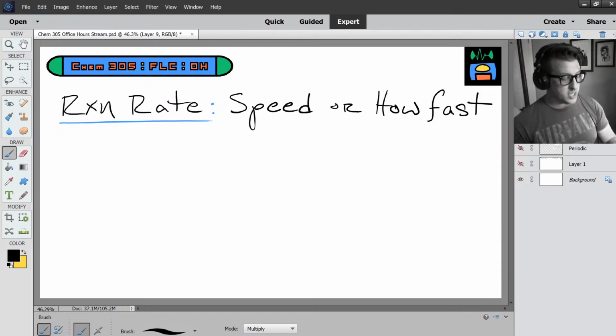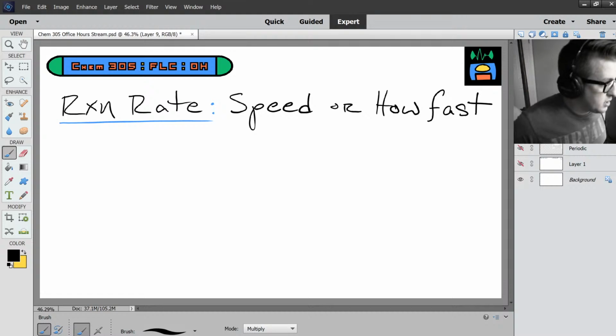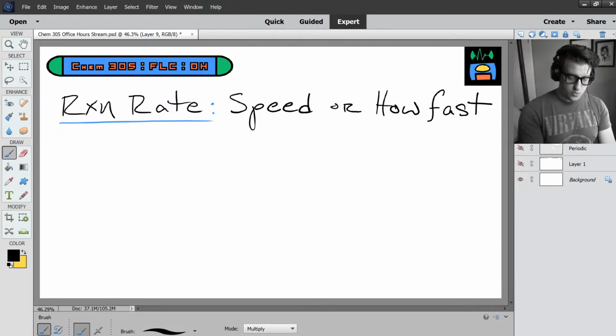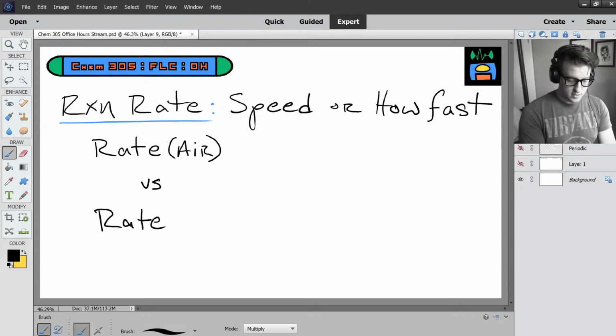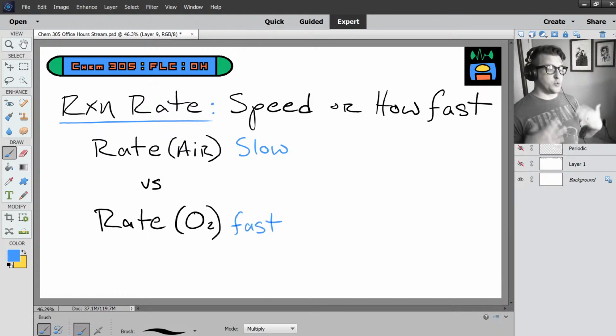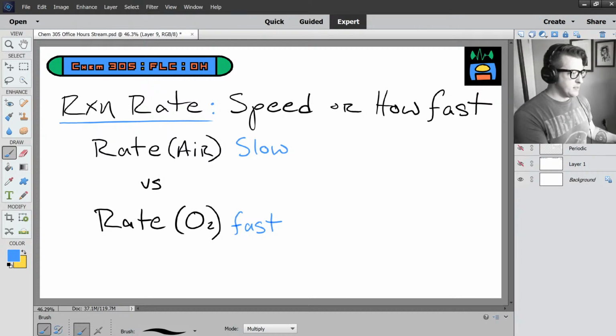In this question, they ask us to explain why the rate is faster in pure oxygen than air. The reaction rate in air is slower, the rate in pure O2 is fast, and they want us to explain quantitatively the difference.